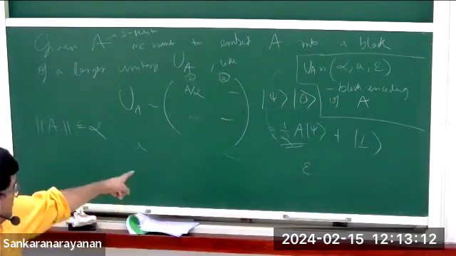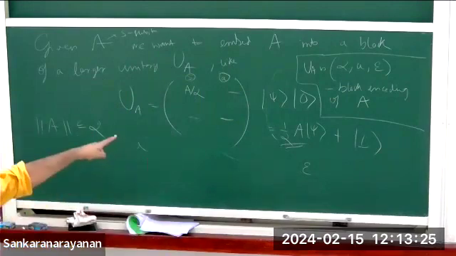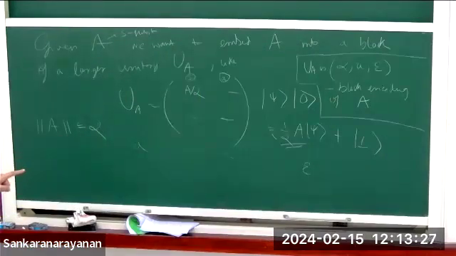The 1 over alpha factor comes in. Because of precision and other stuff, I might not be able to apply A to psi directly, so there is some error that comes in. I will define precisely what the error means over here. But is everyone comfortable with this sort of setup? Any doubts with the definition of (alpha, a, epsilon)?